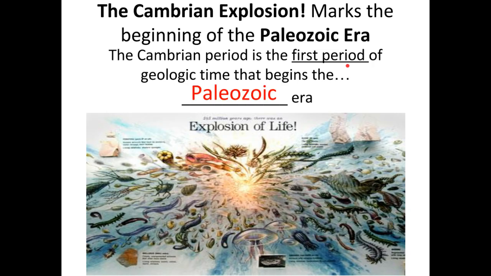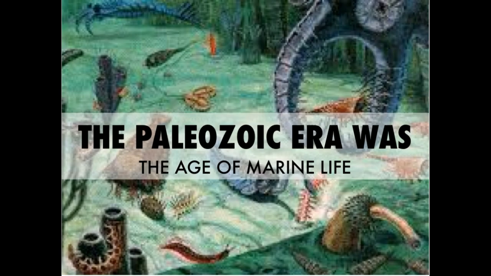So the Cambrian explosion is a remarkable event where all of a sudden in the fossil record we just see an abundance of new organisms in rock layers, which is fascinating. That begins the Paleozoic Era, in which a lot of the organisms in these rock layers are well adapted to marine life, or life in the water.